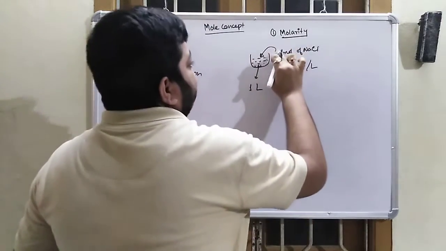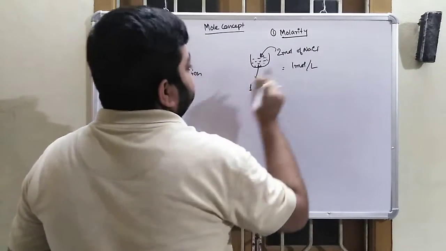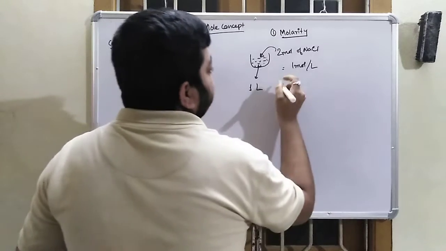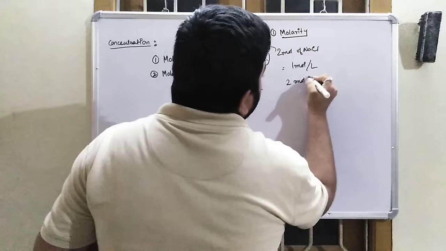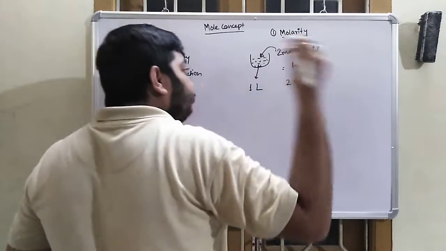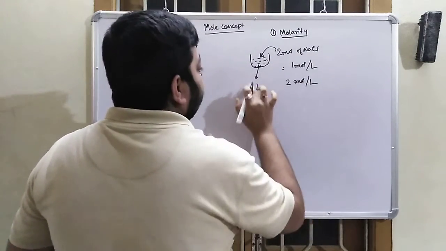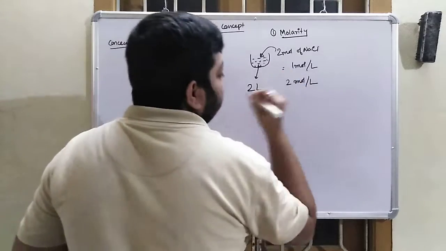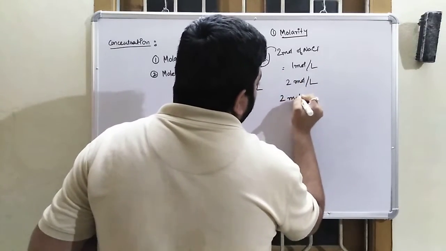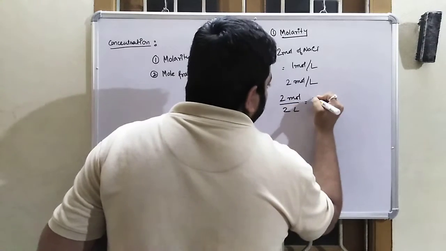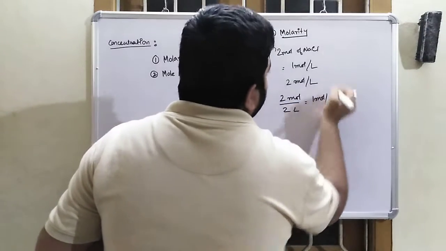Now, if we had added 2 moles of NaCl for making 1 liter of solution, then our molarity would have been 2 moles per liter. If we had added 2 moles of NaCl for making 2 liters of solution, then the molarity would have been 2 mole by 2 liter, equal to 1 mole per liter.